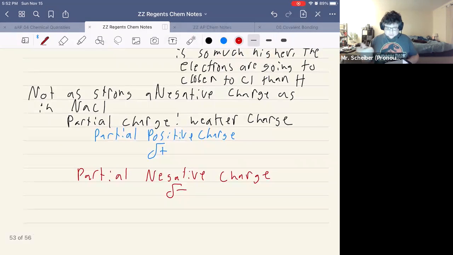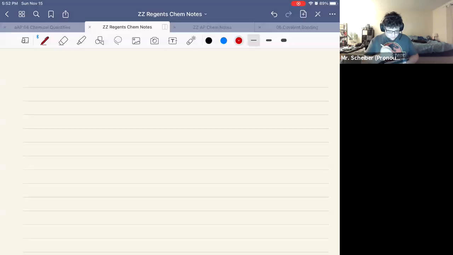Okay, excuse me, those swoopies are supposed to be the same thing. So let's look to see how we're going to draw that on a molecule like HCl. And we'd simply draw positive, negative, right?